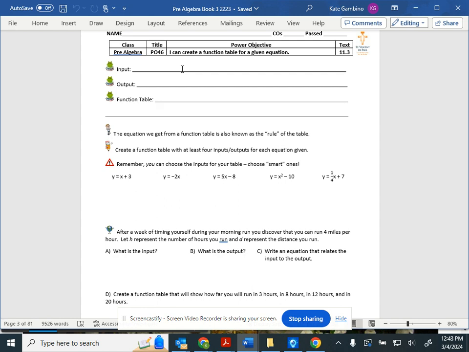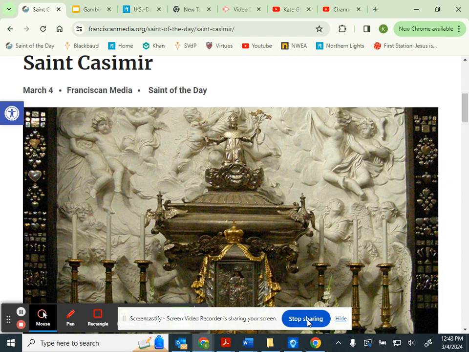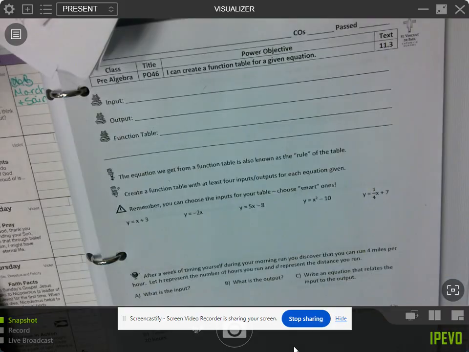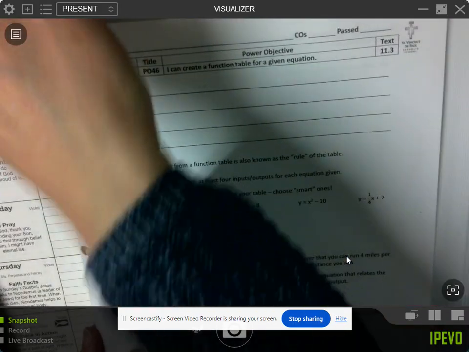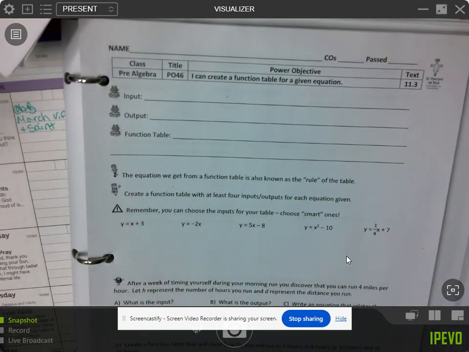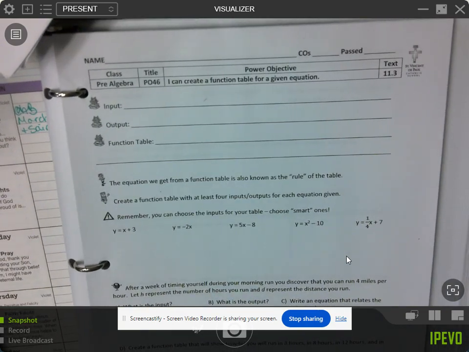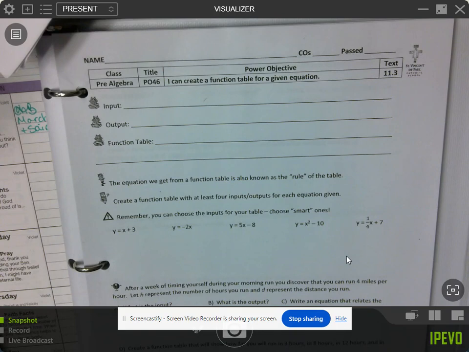So we're going with it and making it work. So instead of using this, I am going to use this. Because technology is not always my friend. So we are making it work.